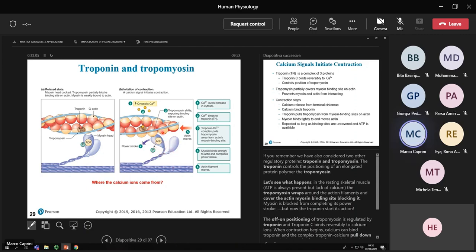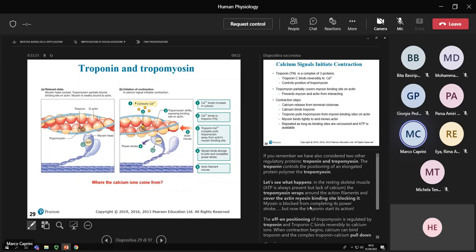This off-on position of the tropomyosin, a regulatory protein, is regulated by calcium and by troponin, which is able to bind to calcium reversibly.